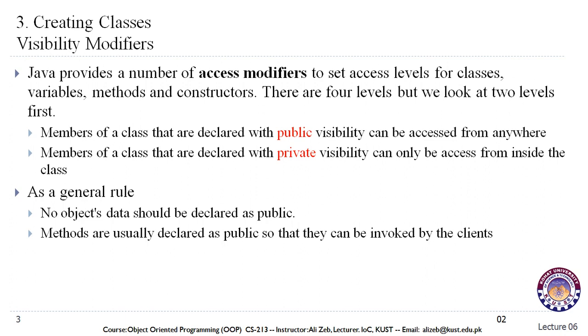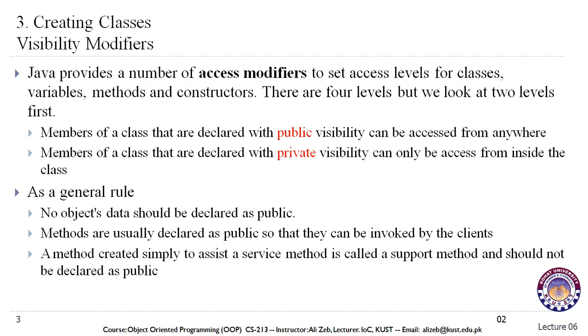Since we do not want to provide direct access to our data, the methods that we use to manipulate that data or do some calculation on the data will usually be declared as public so that they can be accessed by the objects from outside of the class.